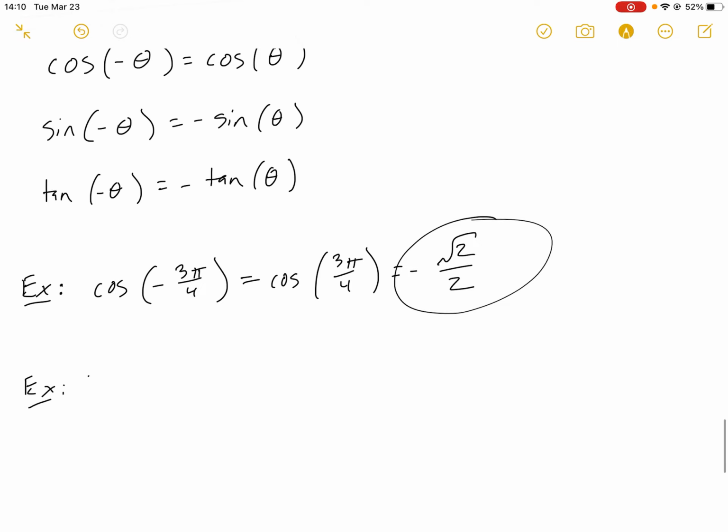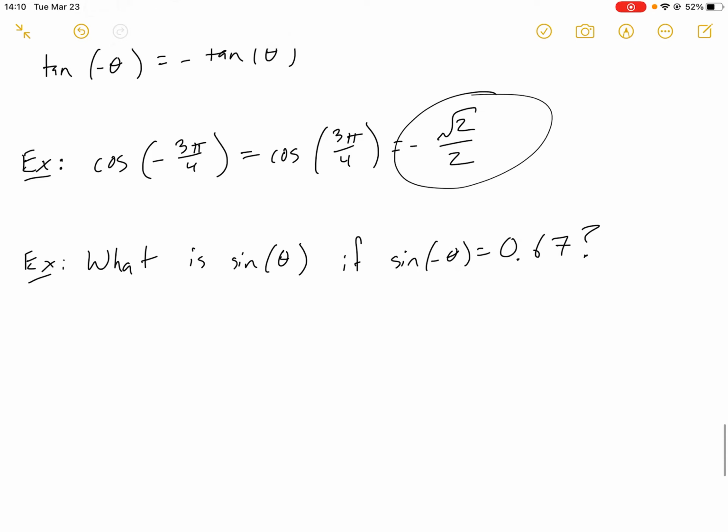Or we might say something like, what is sine of theta? I'm not giving you the angle this time, but what is sine of theta if sine of negative theta is 0.67? This is not really a unit circle question, but you can still identify it because sine of negative theta equals negative sine of theta.